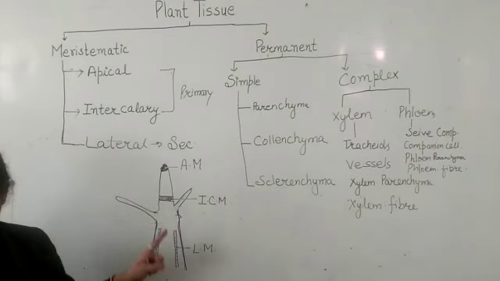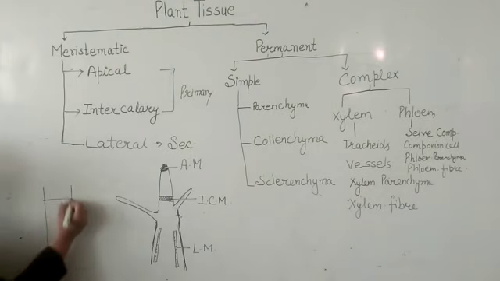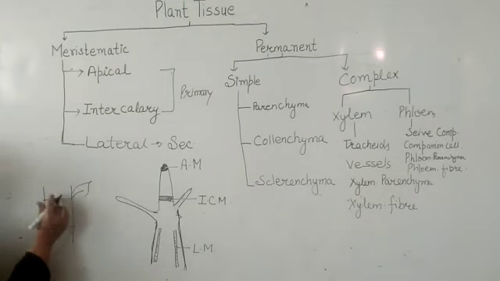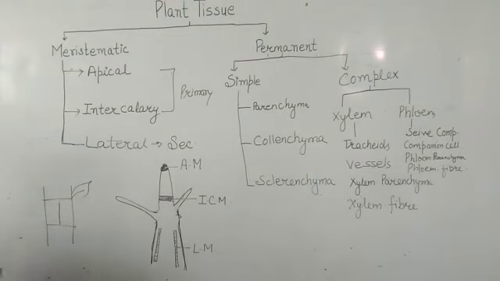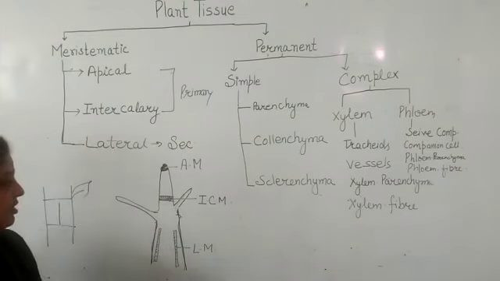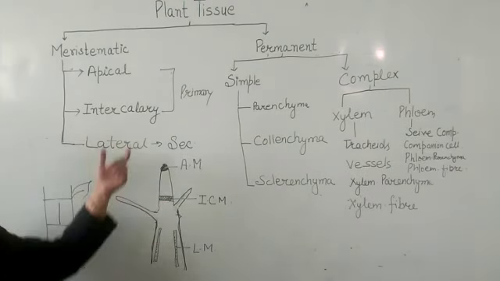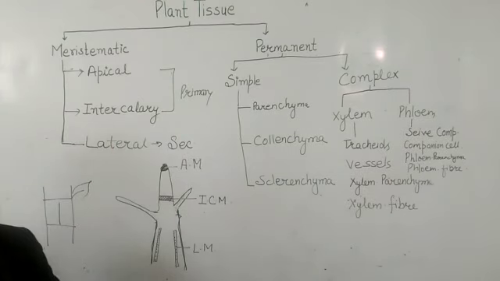What is the internodal region? The nodes are the regions from where the leaves come out, and the region between two nodes is called an internode. So this intercalary meristematic tissue is present in the internodal region, and it is also responsible for the primary growth of the plant.